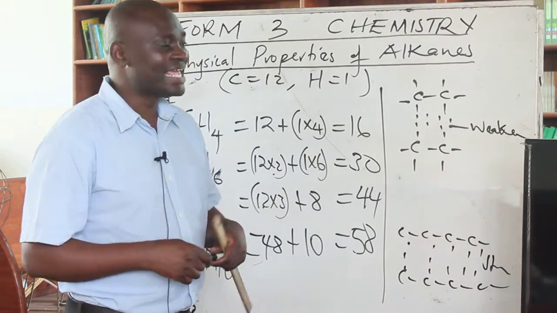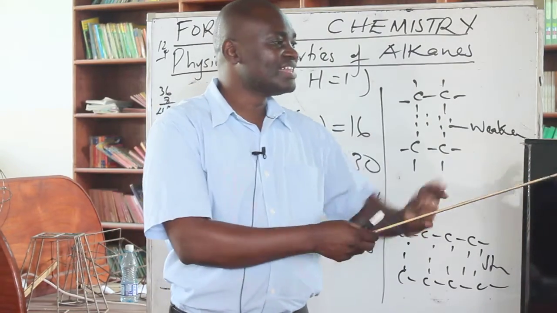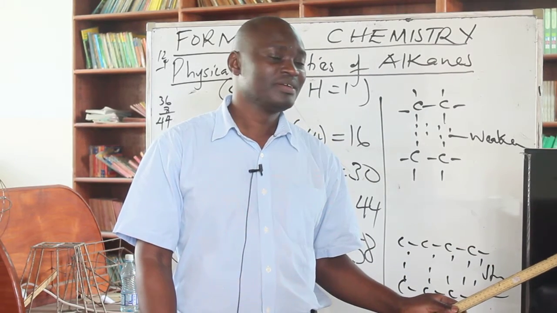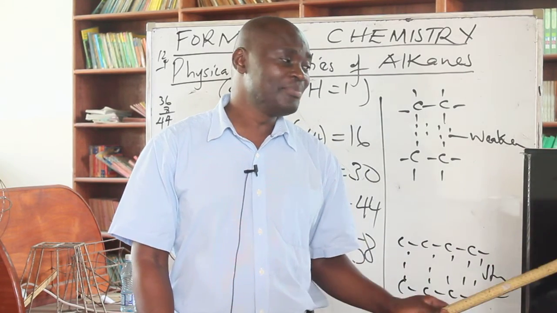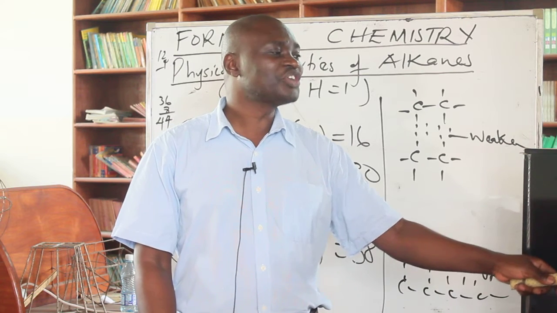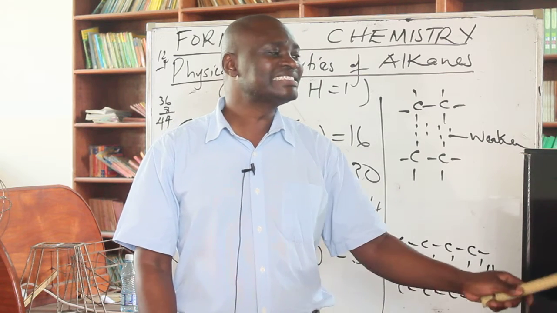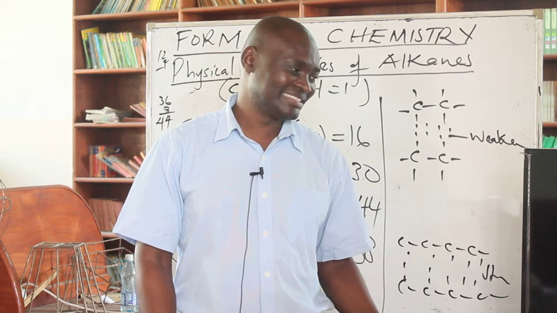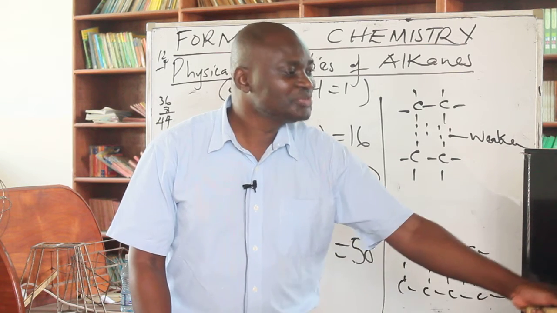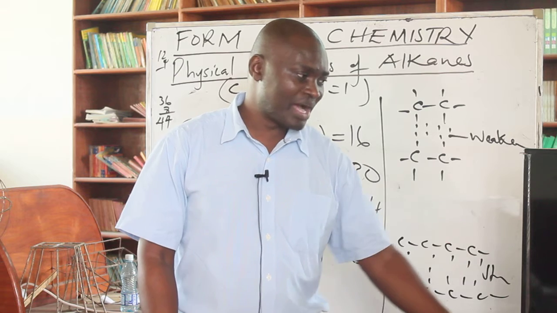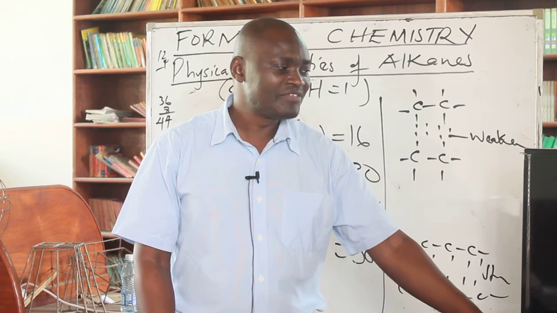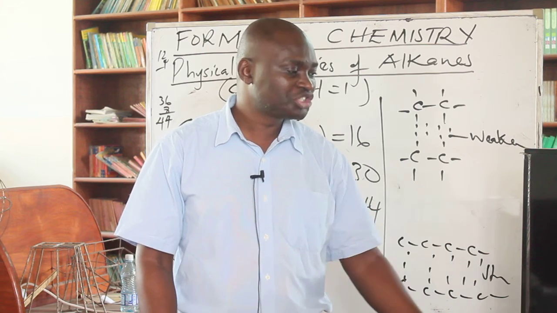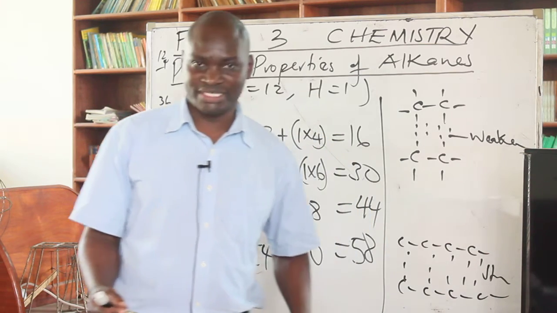So that's why we are saying in this point number 4 that the strength of the intermolecular forces of attraction, an example is van der Waals forces, increases with increase in the molecular masses or increase in the molecular size. Hence, alkanes with longer chains of carbon have stronger intermolecular forces of attraction than alkanes with shorter carbon chains.